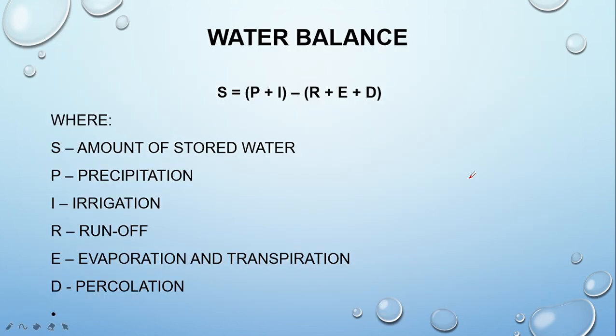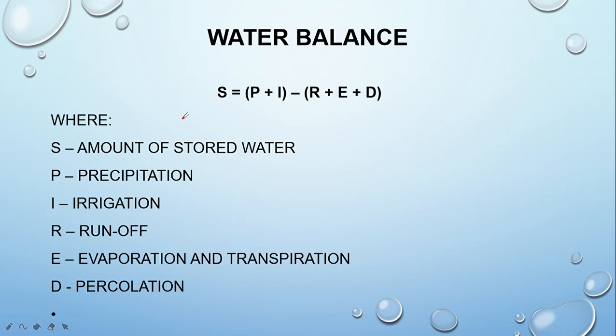Okay. So we have here, that's for the soil moisture. So next we have the water balance. For the water balance, this is just equal to the amount of water being input is the amount of water output. Now water in is equal to water out.